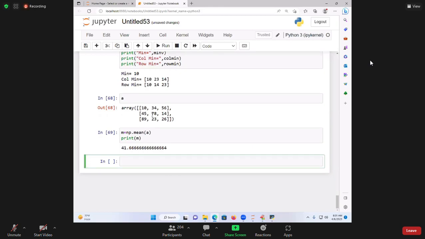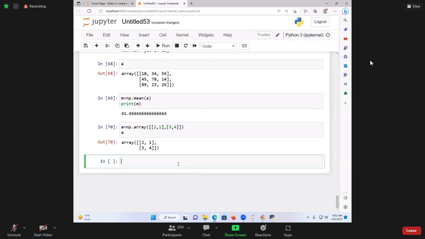So instead of worrying about such a big thing, I'll take one small matrix, students. NP dot array of 2 comma 1 comma 3 comma 4. Like this I am taking a small matrix. Print of A. This is my matrix.